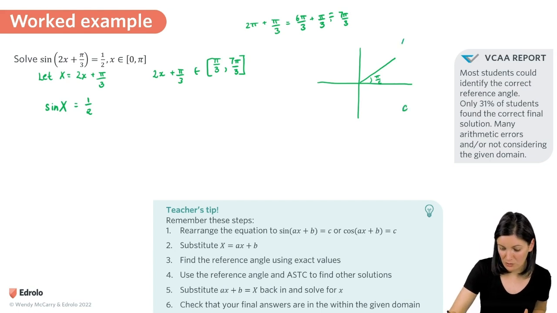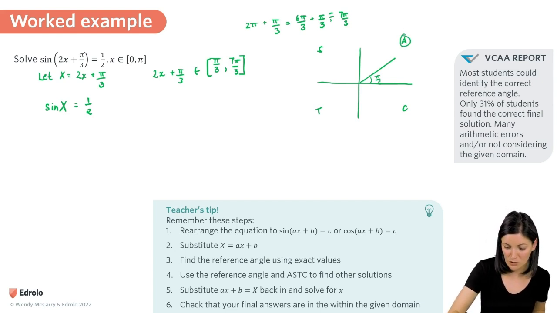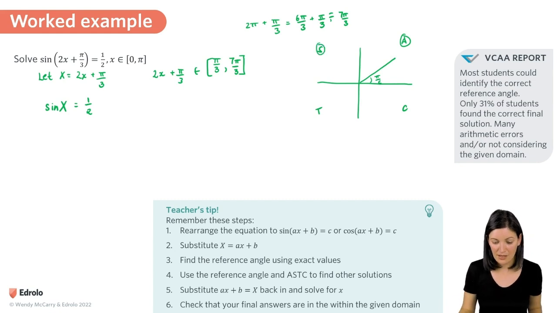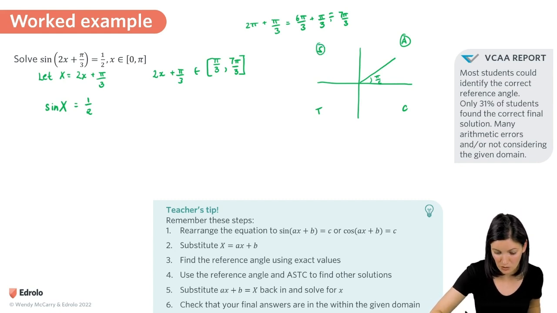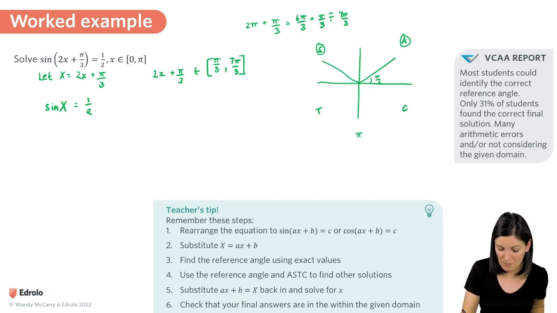So that's not going to be one of our solutions. I forgot to write my letters in here, my very helpful letters that tell me where the value of sine is positive. So that's in this quadrant and this quadrant. The next quadrant that I'm going to look to is this one here, and that's going to give me the angle pi minus pi on 6, which is 5 pi on 6.